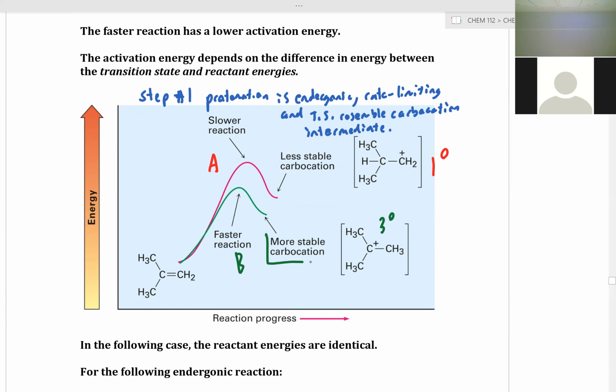Tertiary. So we have a more stable carbocation, and as a result, would our transition state be higher or lower in energy? Lower. A low energy intermediate, our transition state resembles that intermediate, ergo our transition state is lower in energy.